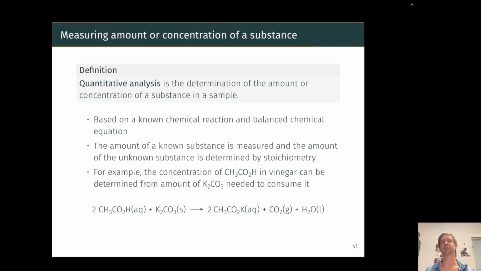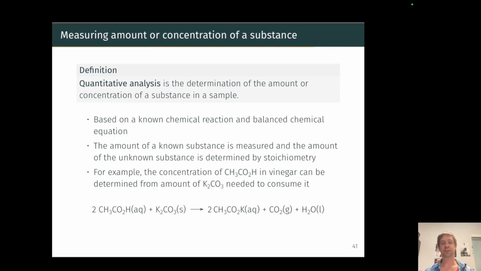And an example is given at the bottom of the slide. The concentration of acetic acid, CH3CO2H, in vinegar can be determined from the amount of potassium carbonate, K2CO3, needed to consume it. So I measure out a mass of potassium carbonate. I know that it's all potassium carbonate. It's in pure form.